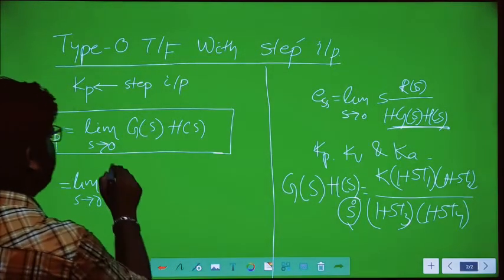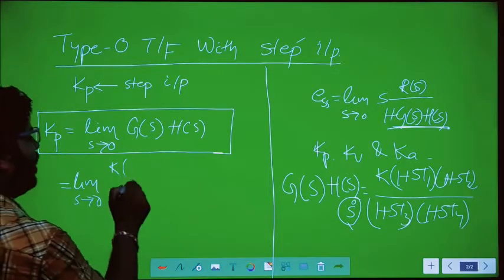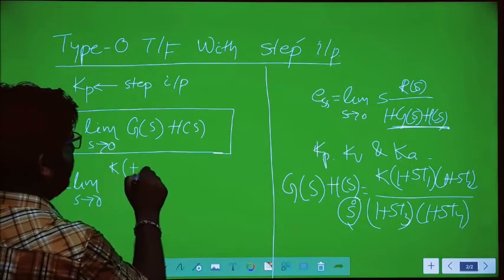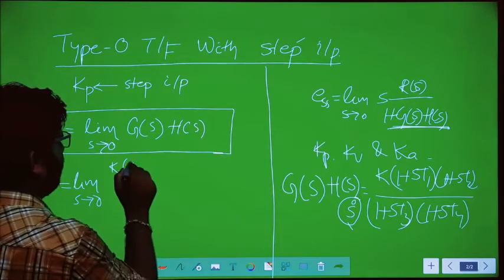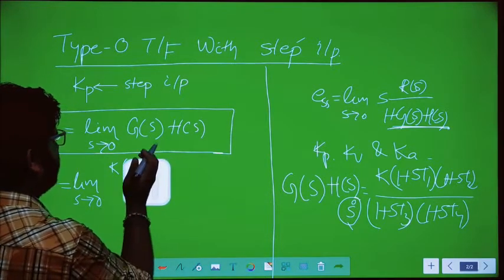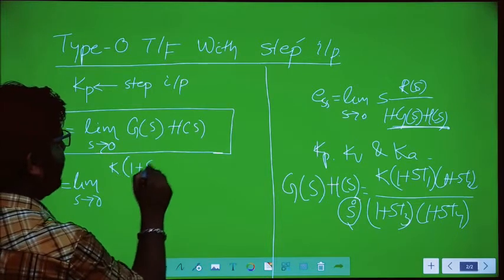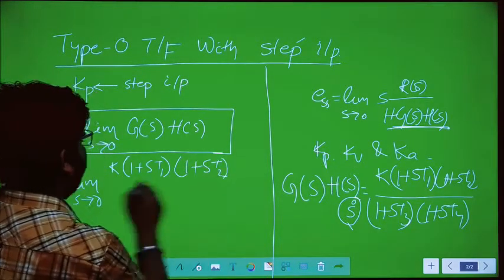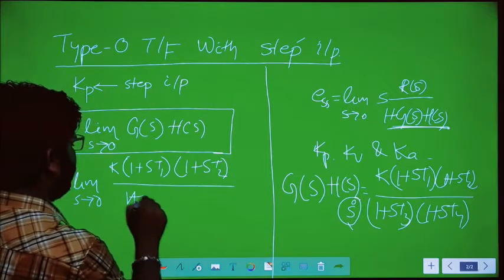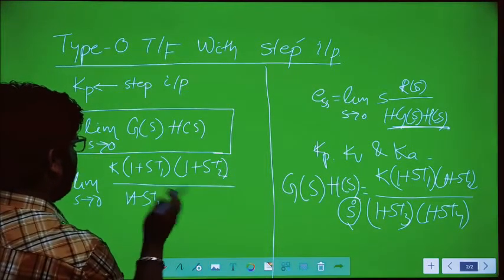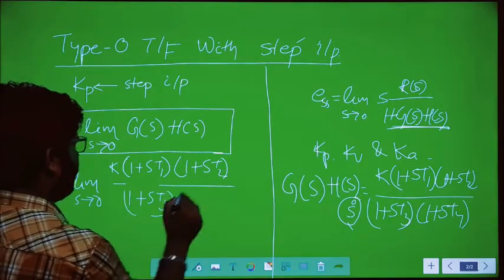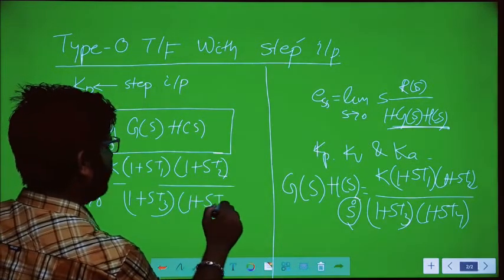What about G of s? Some constant K, the gain of the transfer function, then (1 plus st1) into (1 plus st2) divided by (1 plus st3) into (1 plus st4).